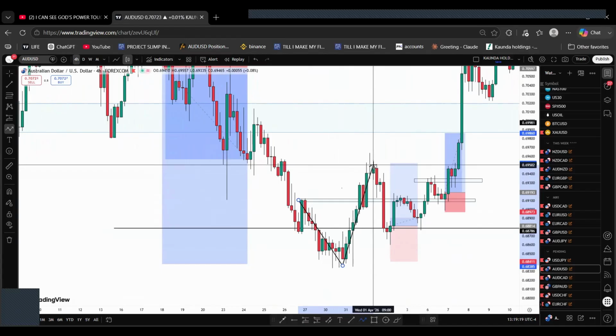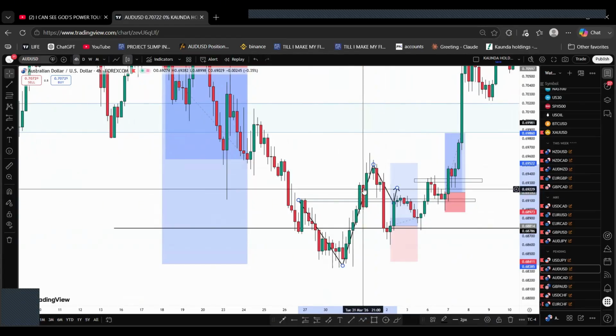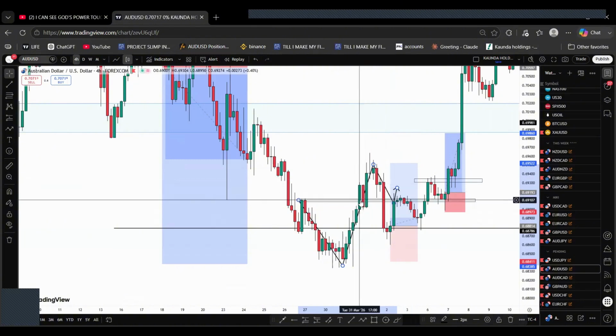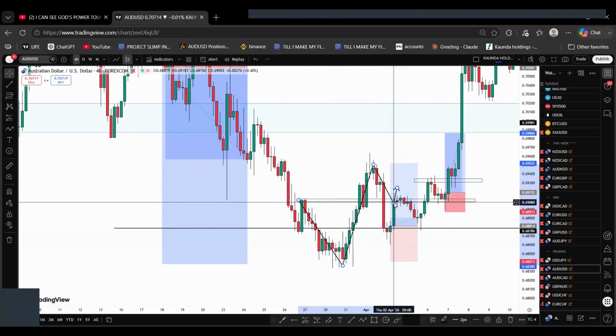So we were supposed to wait for a retest and an entry at this point. We missed this retest here because this happened out of session, you see. And this here happened out of session, so you can take a trade. So we wait for price to retest at this point, so you can buy, okay?